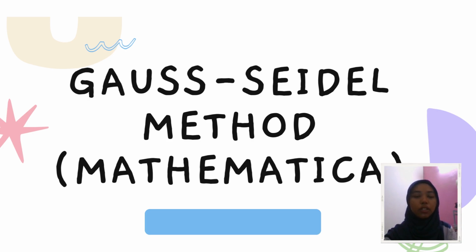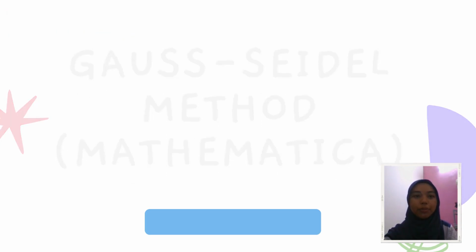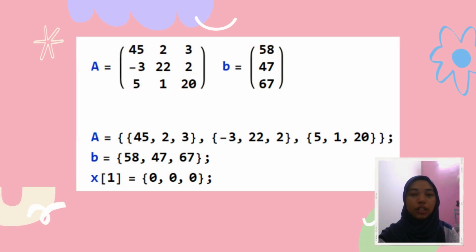First, the coding is the Gauss-Seidel method in Mathematica. Next, we let the linear equations that we use be matrix A in the coding, which is row 1: 45 2 3, row 2: -3 22 2, and lastly row 3: 5 1 20.